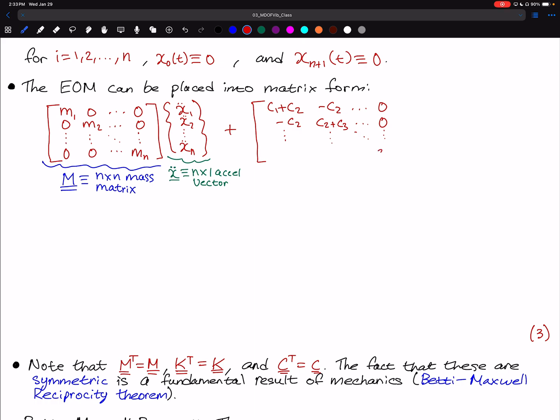In this case, it will be C_{n+1}. 0 here, and then dot dot dot. Multiplied by the velocity vector, x1 dot, x2 dot, xn dot.